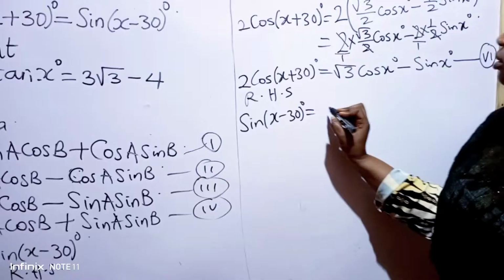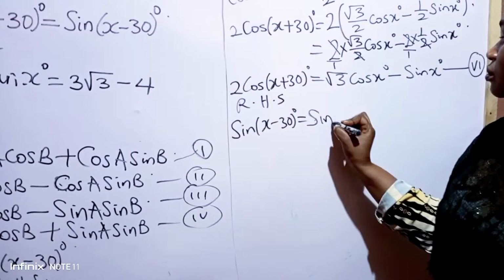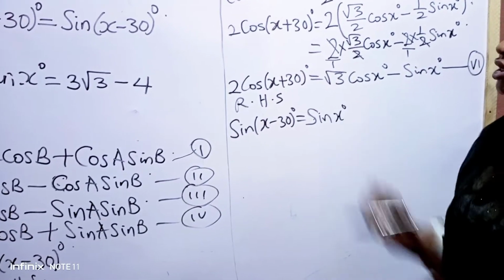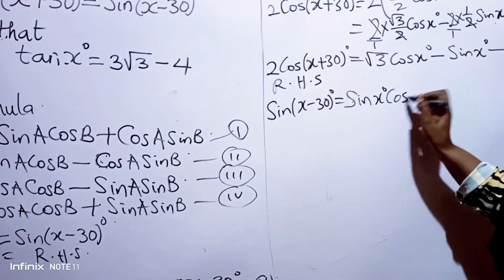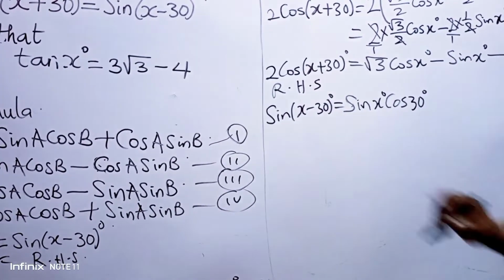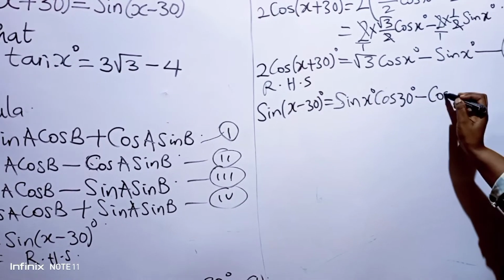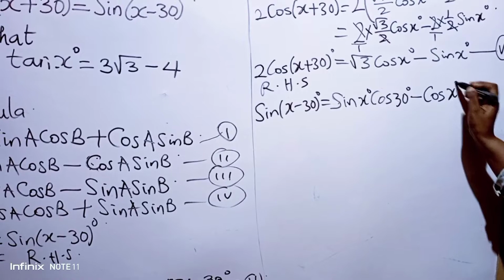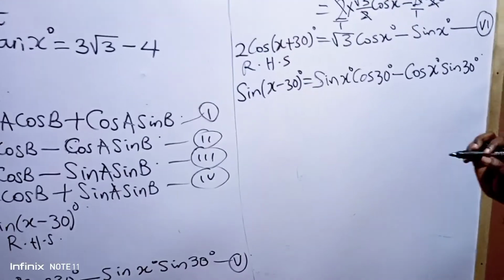So we have sin x°, then cos 30°, then minus cos x°, then sin 30°.